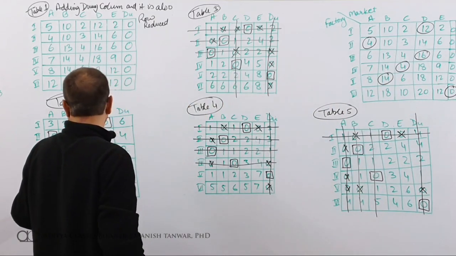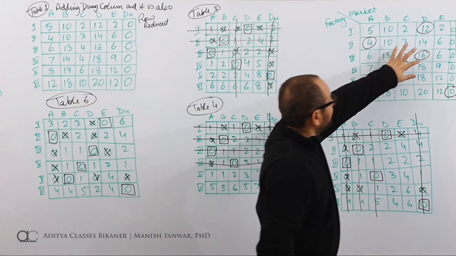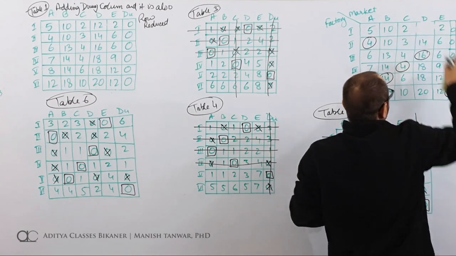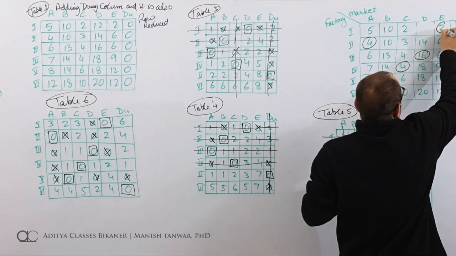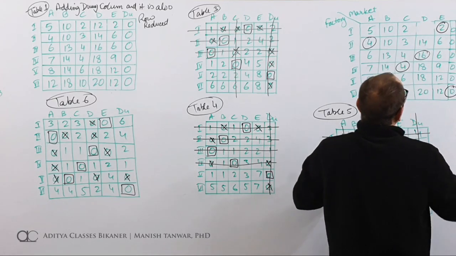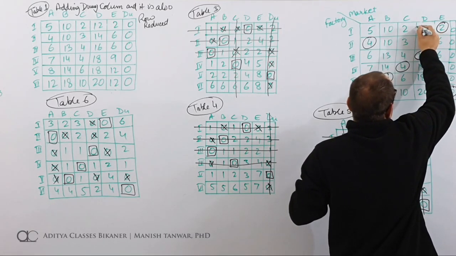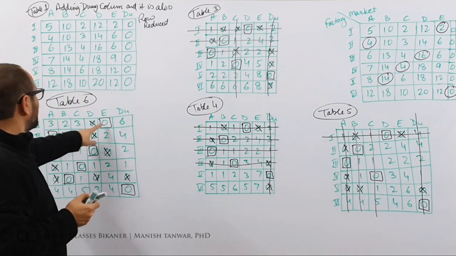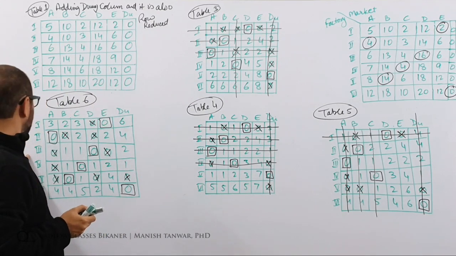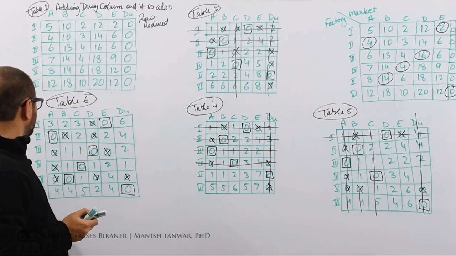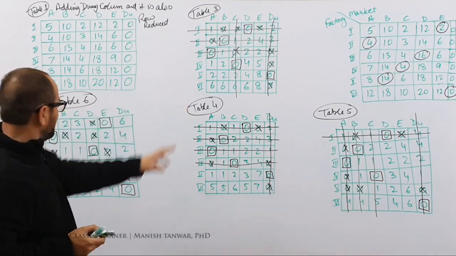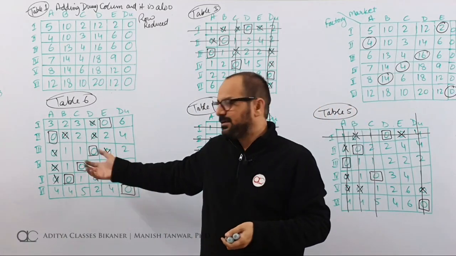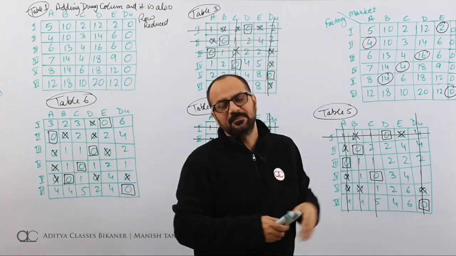So we have 1, 2, 3, 4, 5, 6. So we have a 2A, 1E. Then there is a 3D, 4C, 5B. And then there is 6 dummy. So this is superimposing my final optimum results onto my original matrix.